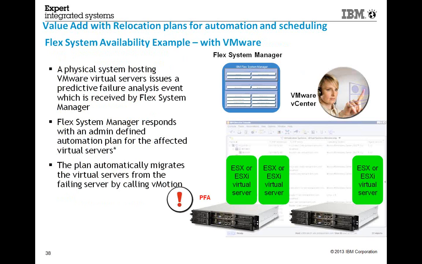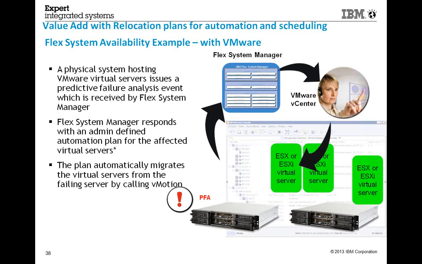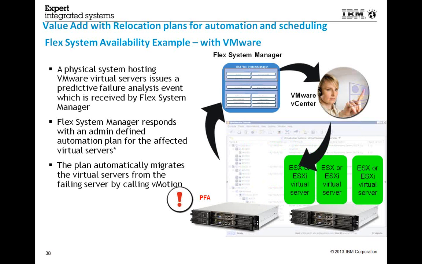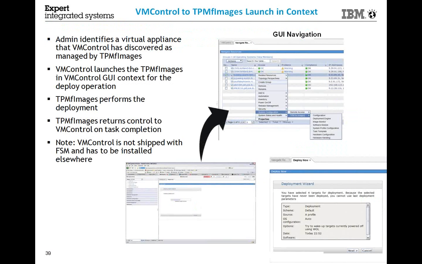So suppose there's a hardware error that comes in, what we call a PFA, a predictive failure alert, which is a critical error. Let's say a hard drive is about to fail, or RAM is about to fail. The hardware manager will inform VMware vCenter that this hardware needs to be taken down and will move the VMs to a spare server. And once that part is done, the updates are applied, right?